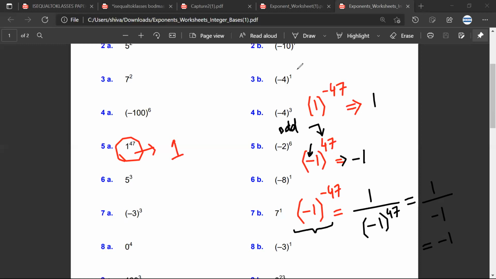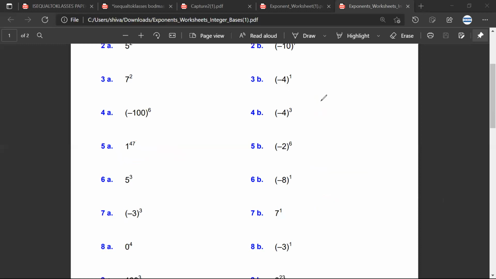See, what we need to understand is that there are a lot of things which are happening. There is a base. There is an exponent. Now, if the exponent has a negative sign, it has a meaning.